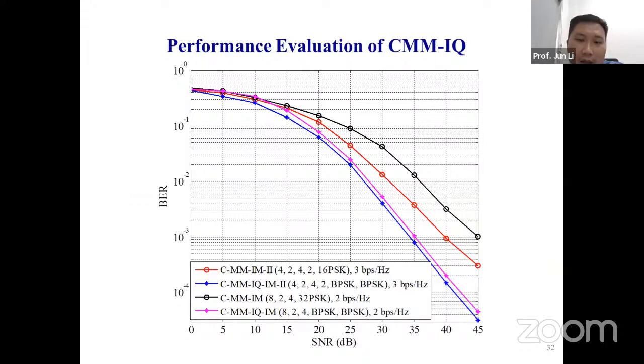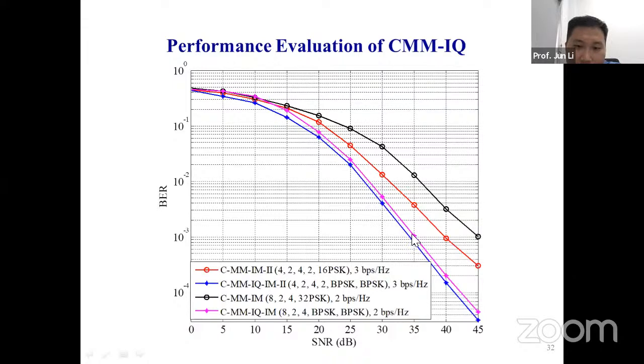Okay, this is the performance comparison of the composite multiple mode IQ IM. In this figure, we can see that the composite multiple mode IQ scheme has a huge performance gap, right? Between the blue line and the green line, the gap is very large, almost 6 dB SNR gain.